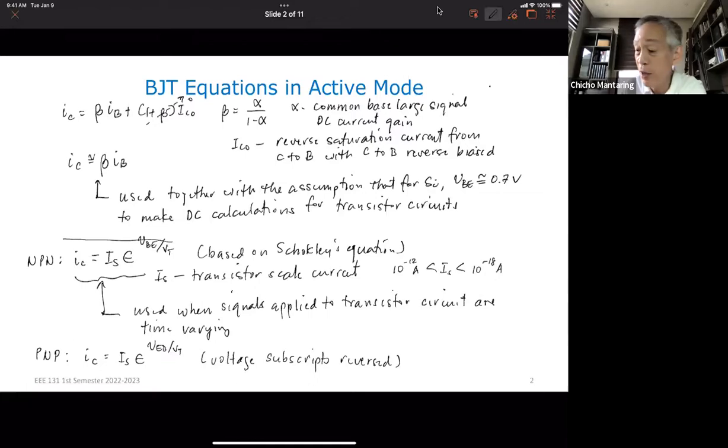If in an NPN it's VBE, so that we don't have to deal with a negative quantity in a PNP, we just use VEB as reference. Same thing for VCE, we're going to use VEC, and for VBC, it's going to be VCB. So that's what we do.